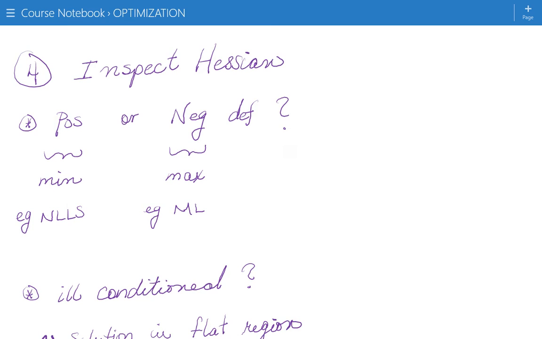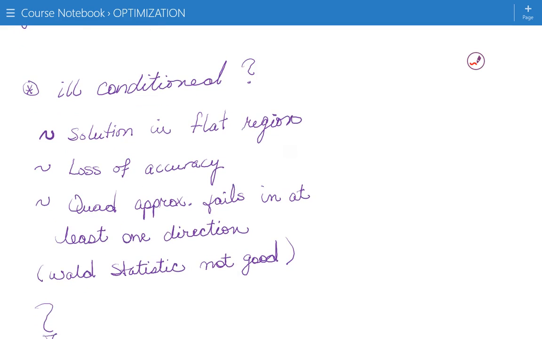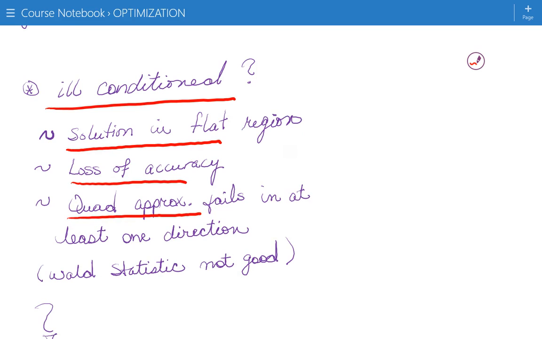Another thing is to inspect the Hessian matrix, and Stata will report this for you. You want to see if it's positive definite or negative definite. That would give you a sense as to whether or not you are at the top of a hill. You want to ask, is it ill-conditioned? You want to know if the solution is in a flat area. There will be a loss of accuracy if it is, and the quadratic approximation will fail in at least one direction.